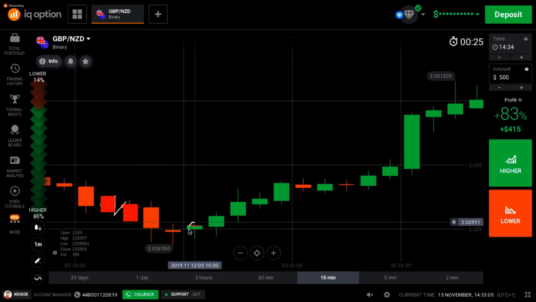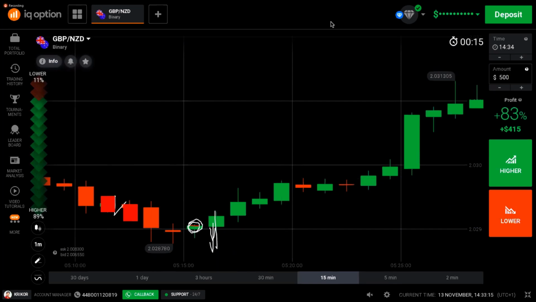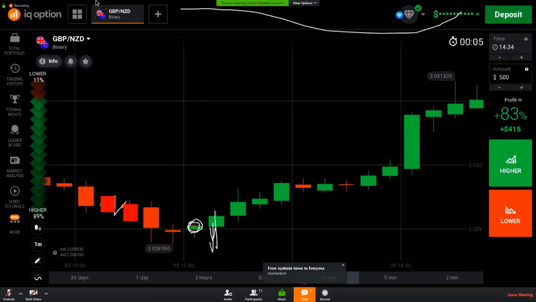The next candle will be a red candle. Who can tell me why? Momentum, correct. Thank you, very well. Yes, correct. You are getting it very well.